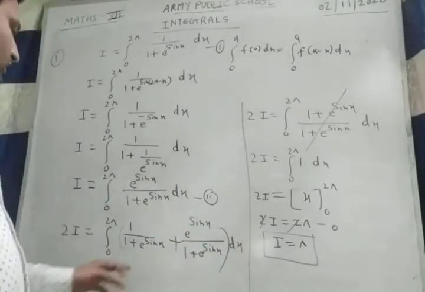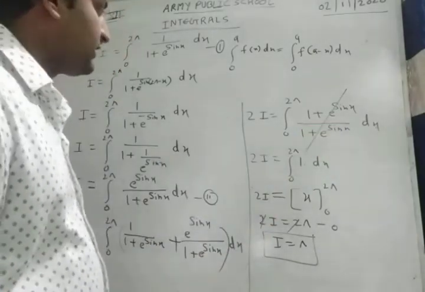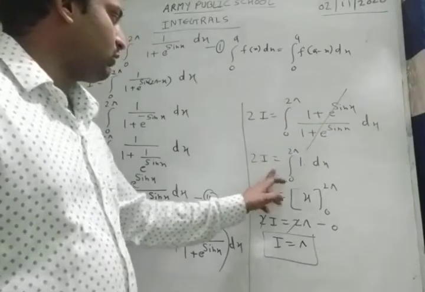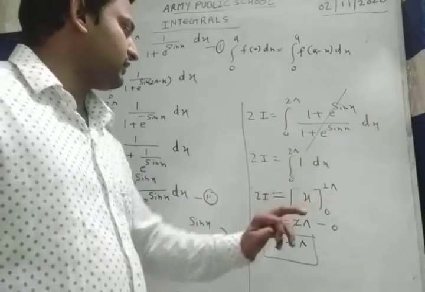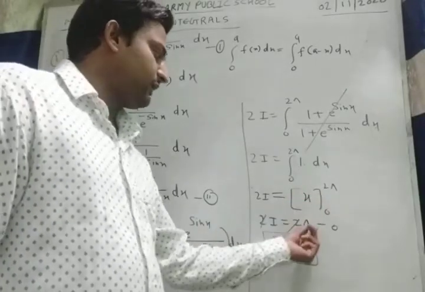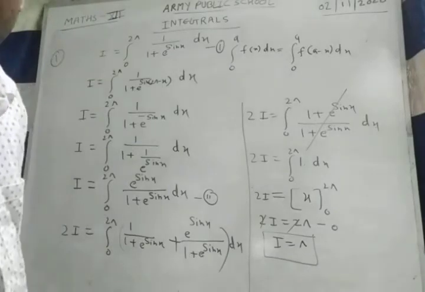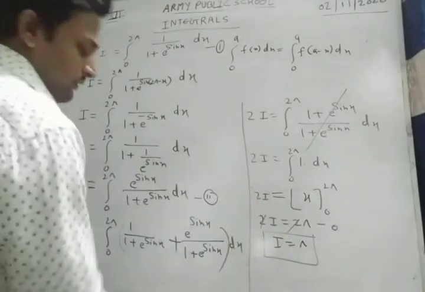Now our denominator is same, so it will be cancelled. So 2I is equal to integral 0 to 2 pi of 1 dx, 2I is equal to x from 0 to 2 pi, so here we get 2 pi, 2 and 2 will cancel, I is equal to pi. Okay, so it will be our answer.